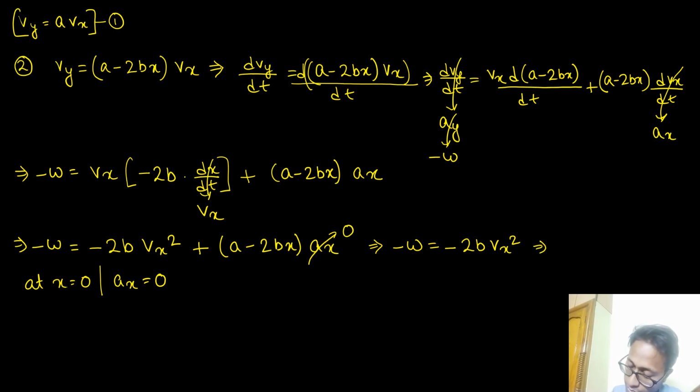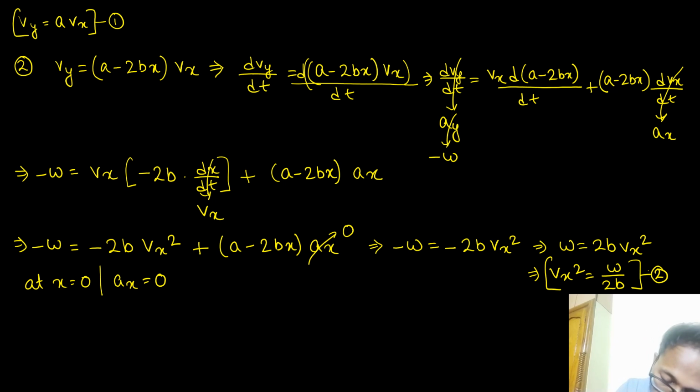So w is equals to 2b vx square, or vx square is equals to w by 2b. This is our equation number 2. From equation number 1, vy is equals to a into vx.